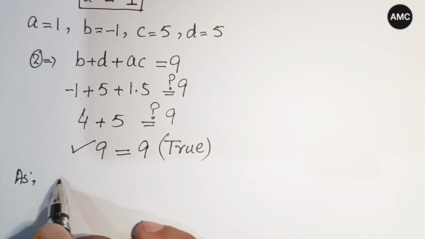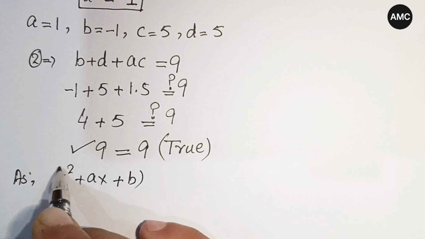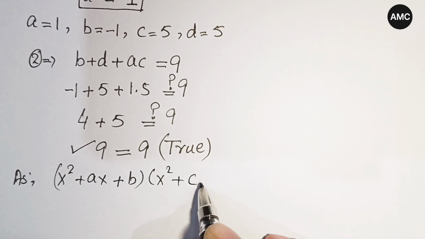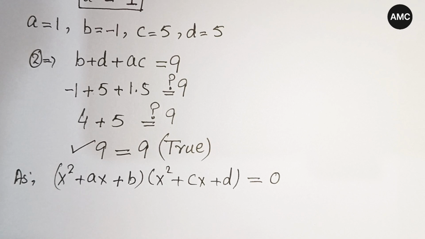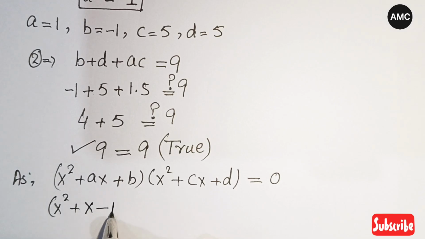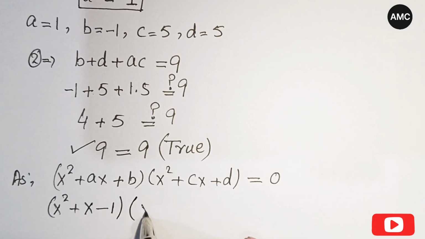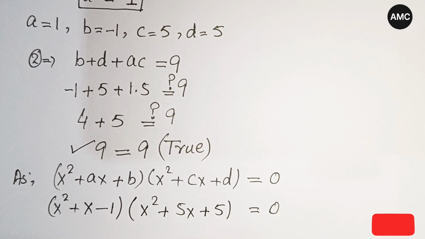Now putting the value of a, which is 1, x squared plus 1 times x is x, plus b, the value of b is minus 1, so we write minus 1, and here we have x squared, the value of c is 5, so we get 5x, and the value of d is plus 5, so it is equal to 0.